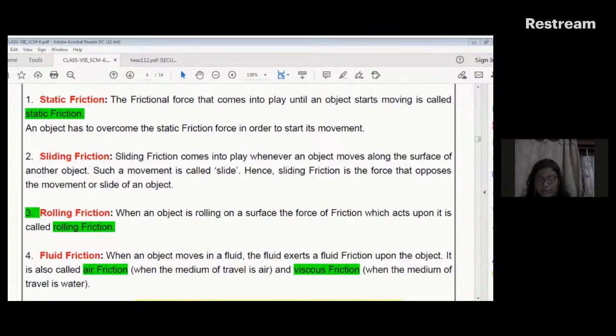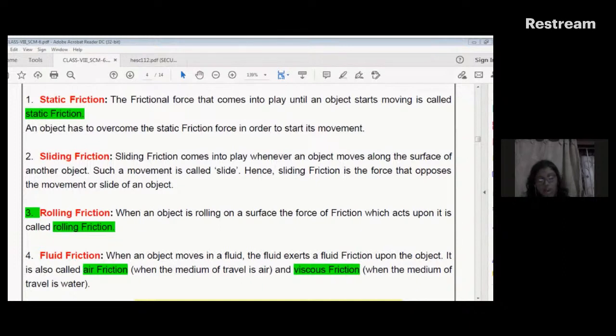In fluid friction, we know that the air is very light and thin. Yet it exerts frictional force on objects moving through it. Similarly, water and other liquids exert force of friction when objects move through them, right?